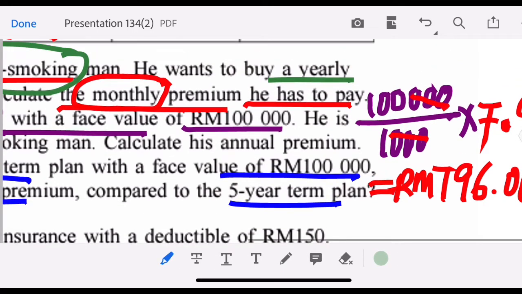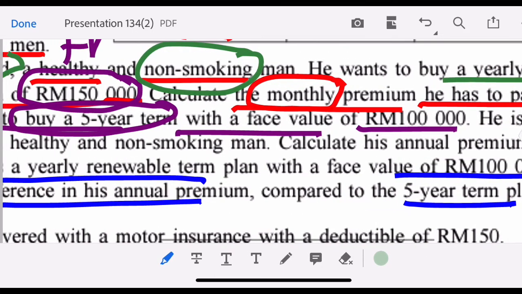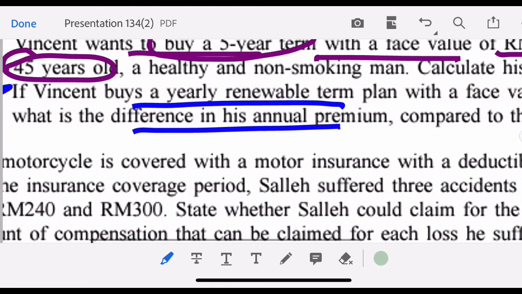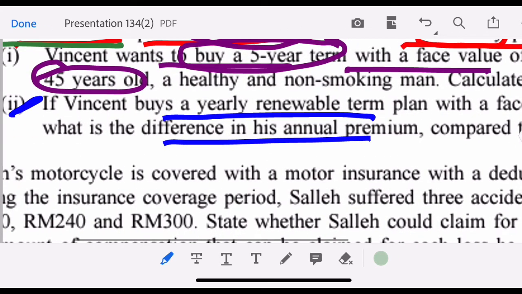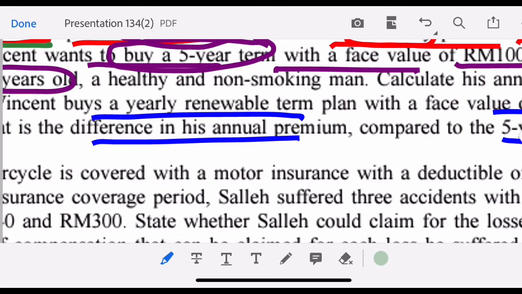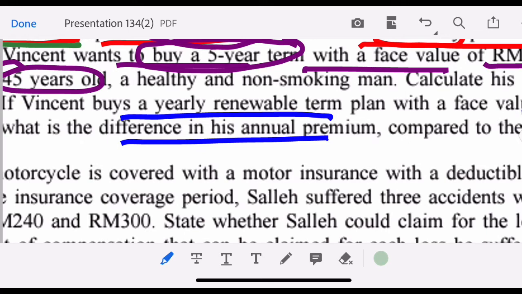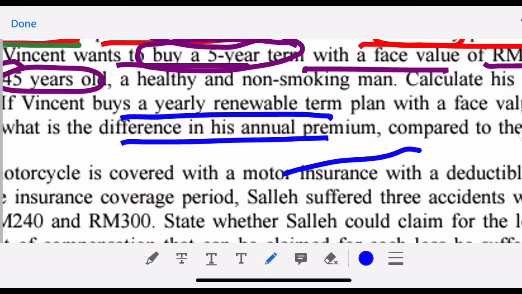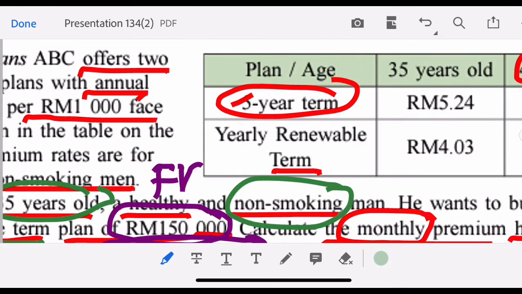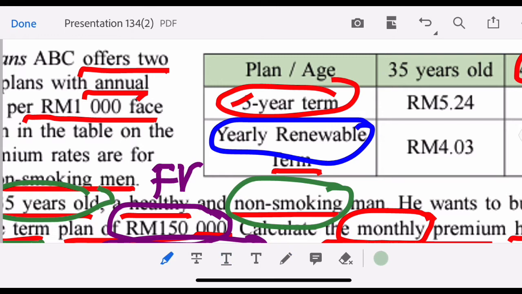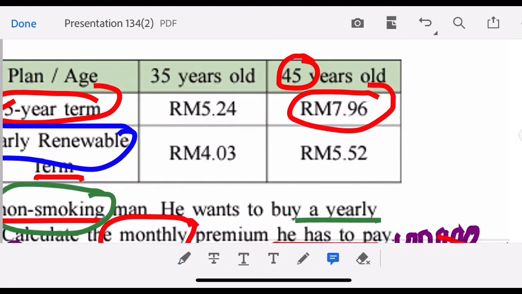Just now was the 5-year term, so now we need to calculate the other one, which is yearly renewable term. There is a difference in terms of the policy. So let's go to the table, yearly renewable term.